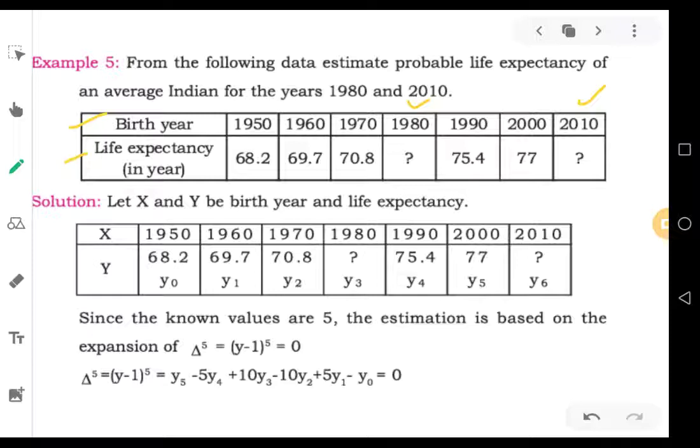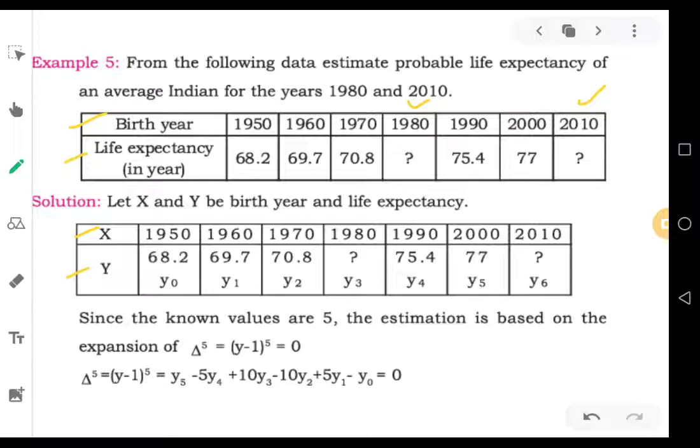So how do we proceed to solve the problem? Let us take the first two rows as x and y. X is the birth years and y is the life expectancy.